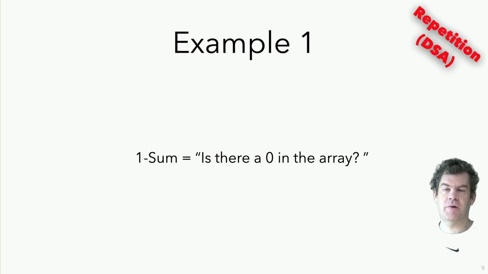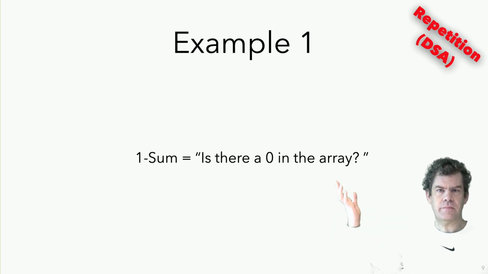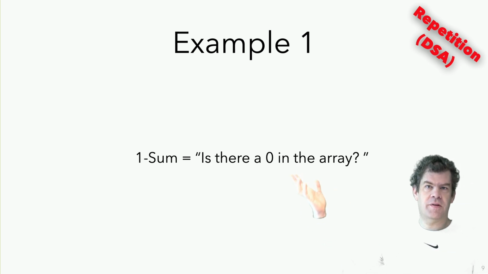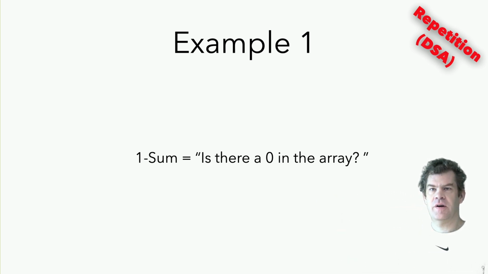So finally, just one example, and then I'll return back to computer graphics. A super simple example: one sum. We'll also talk in data structures about two sum, three sum, and so on. Those are the hard problems. But one sum is a very simple problem: is there a zero in an array? Two sum, just to give you an outlook, asks whether there are pairs in our array that sum up to 0.